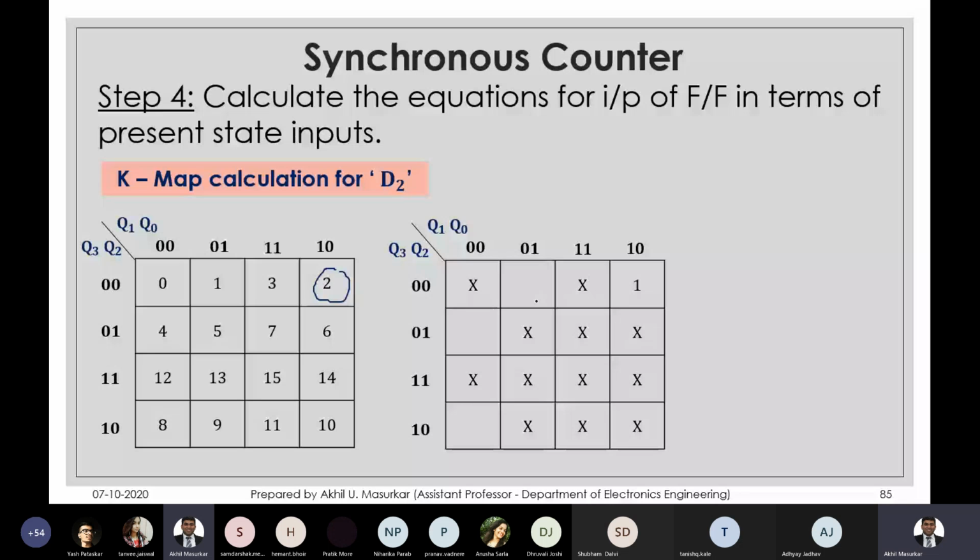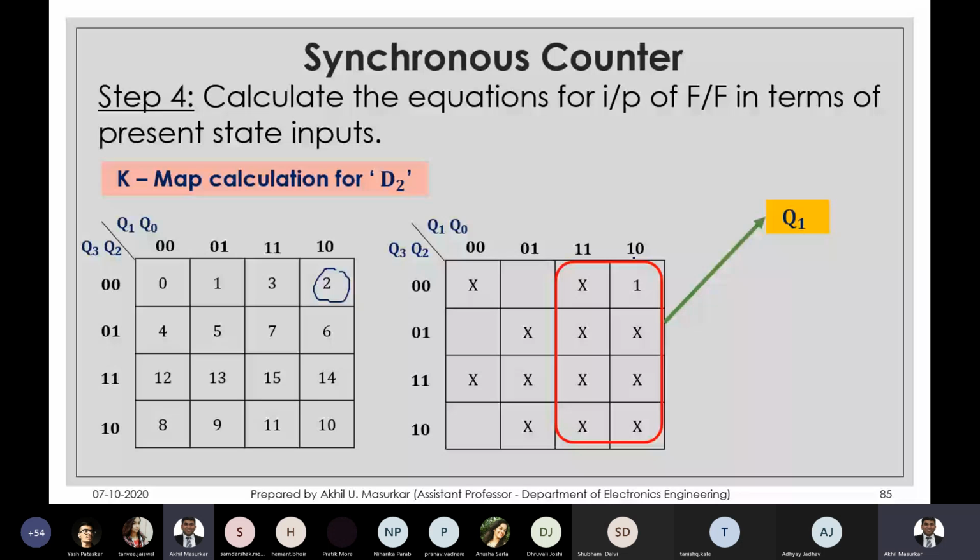In place of 1, 4 and 8, we are having 0, so they are blank. And in all other places, there is a don't care. Correct, Hemant. D2 is equal to Q1. Perfect. So you will have an octave here. This is your octave, which is Q1.